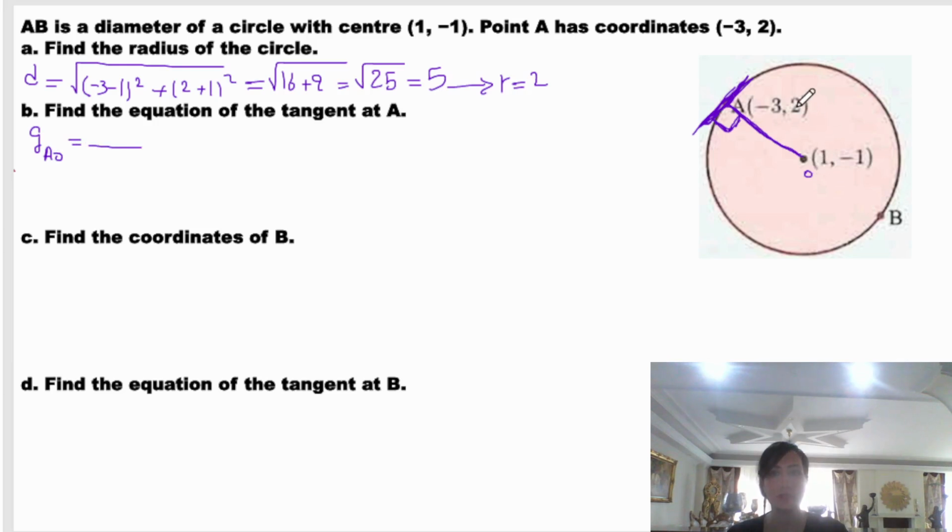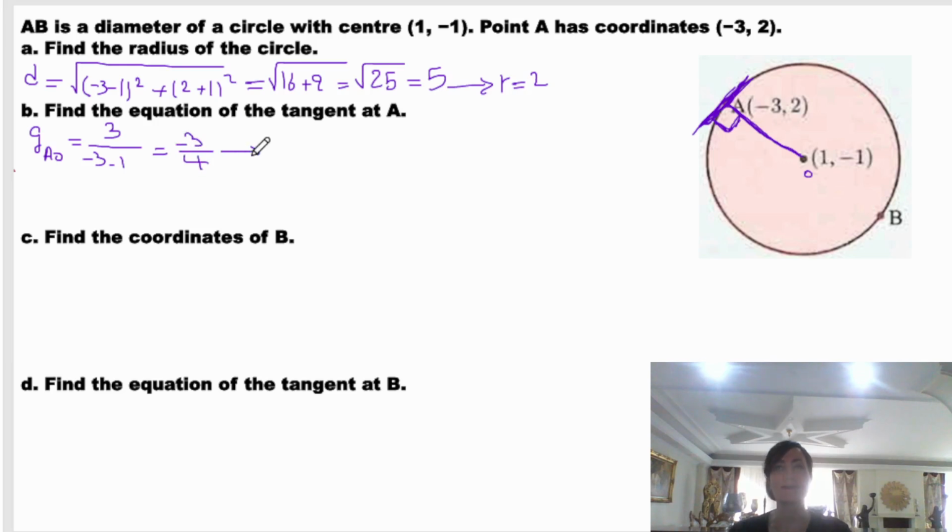It is 2 minus -1, which is 3. Okay, over the step of x. -3 minus 1, which is -4. So -3 over 4.